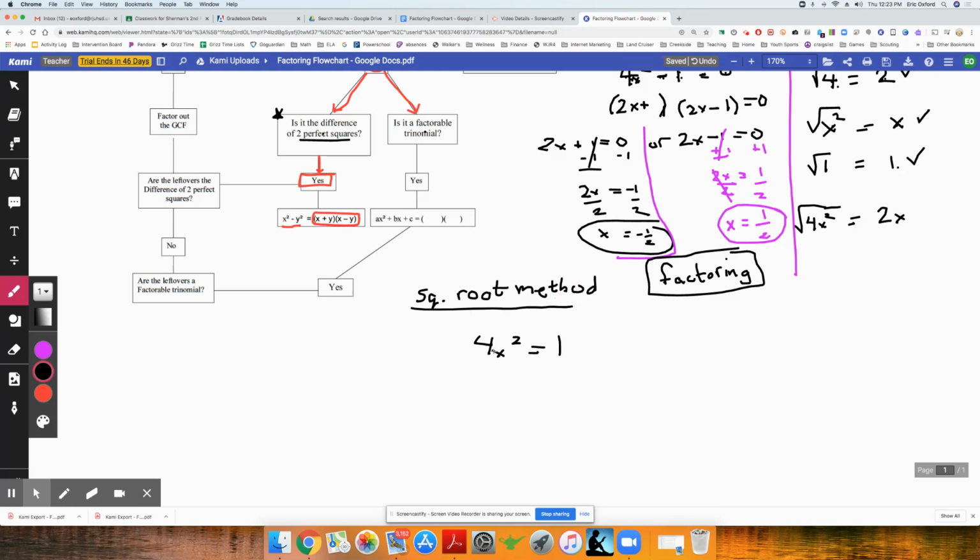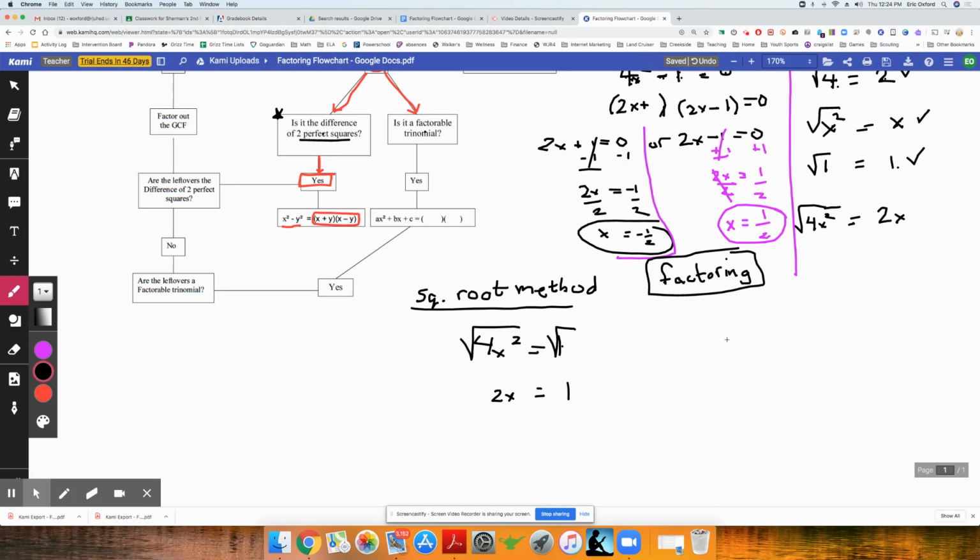But even before we factor, just look at this and recognize, hey, that's a perfect square, and hey, that's a perfect square. And so, bam, I'm just going to hit both sides, use the properties of equality, and just take the square root. So over here, I wind up with 2x, and then over here, I would wind up with 1.